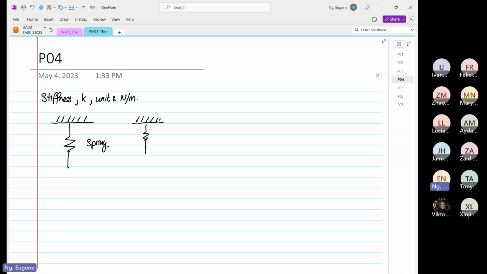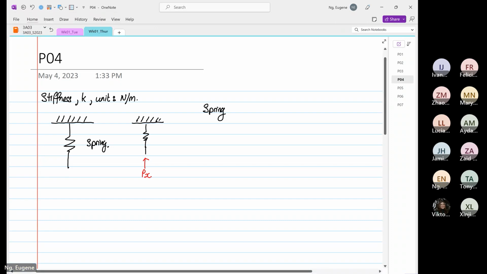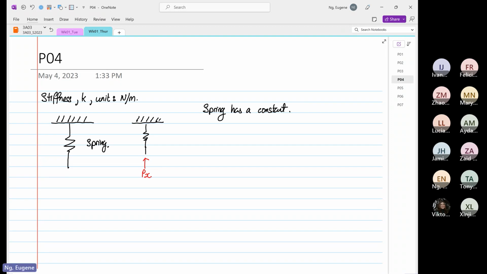So this is with our load Px, and the spring has a constant, which is known as stiffness, and as given earlier, is a small k.